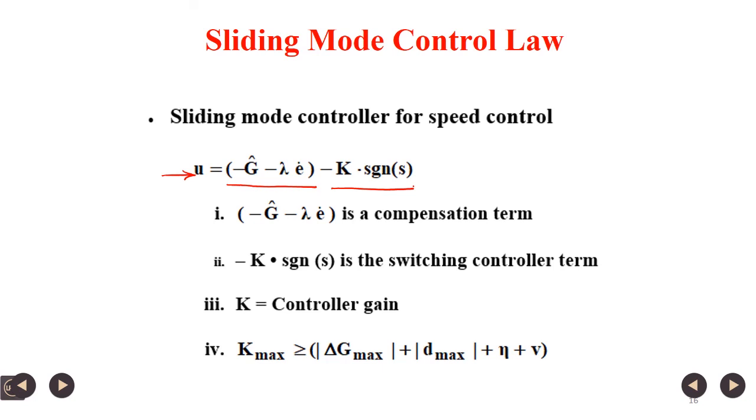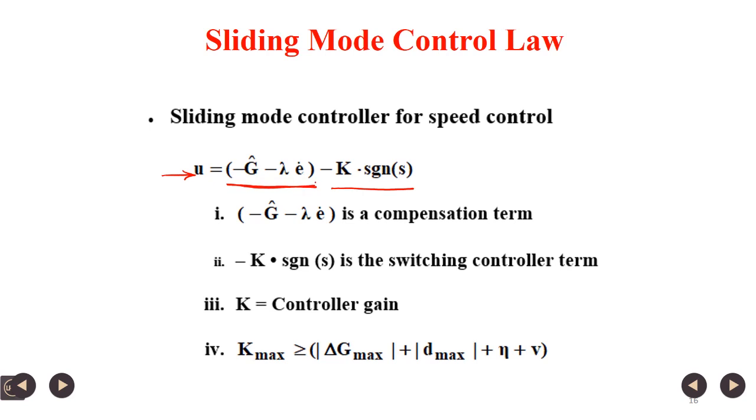Compensation term means the model is known, but not precisely known. Whatever knowledge we have about the model, it may be imprecise, but that knowledge is utilized to compensate the control action. So, the first term is a compensation term based on the knowledge about the system model.